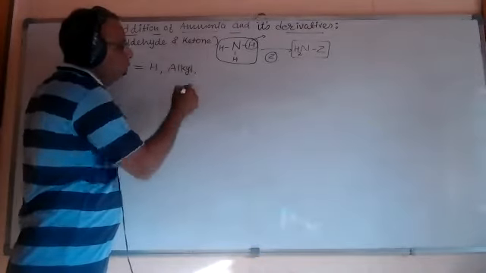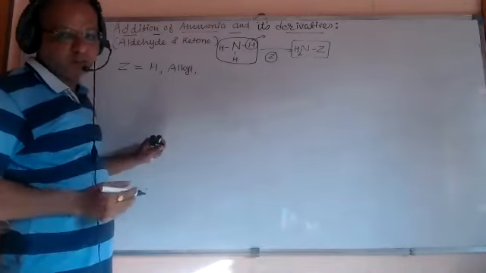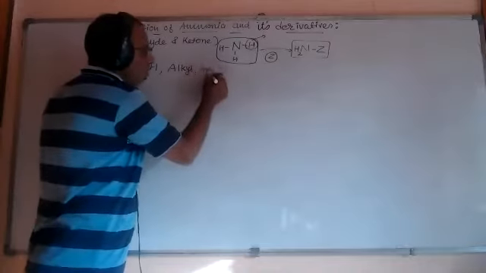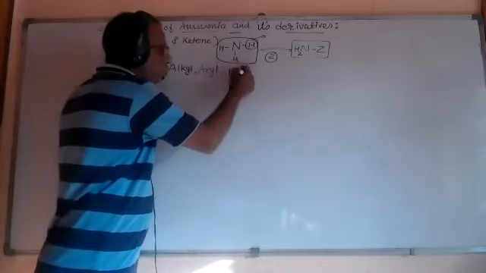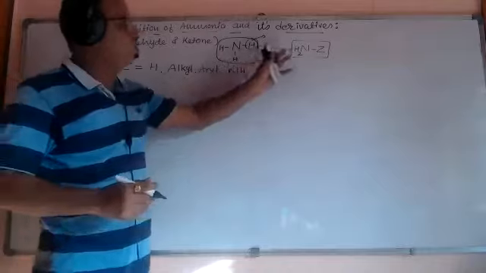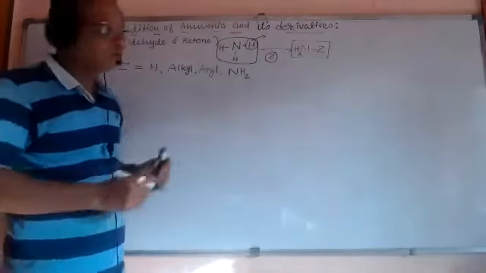In an alkyl group, any number of carbons, methyl, ethyl, propyl are possible, as well as aryl. So a benzene ring can be taken there. NH2 can be taken as Z, giving NH2 NH2, that will be hydrazine.